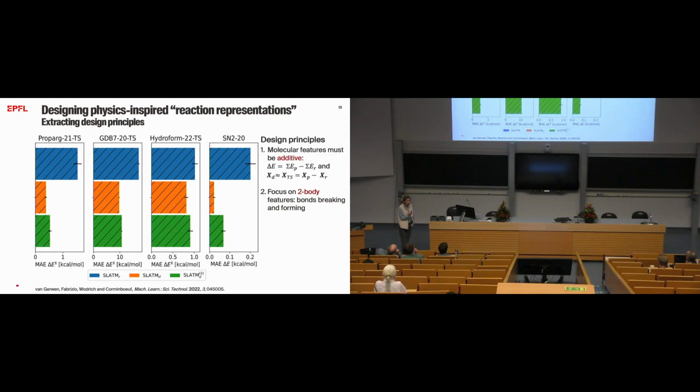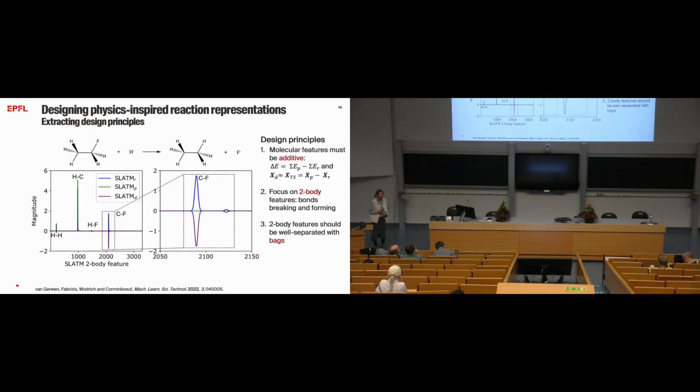And the three-body is less important for capturing bond breaking and bond forming. Here you see it. You have in blue the SLATM of just the reactant, really not good. You have the SLATM diff in orange. But if you take just the two-body term, you already reduce the number of features and you're still relatively accurate. So that's the second design principle that we identified.